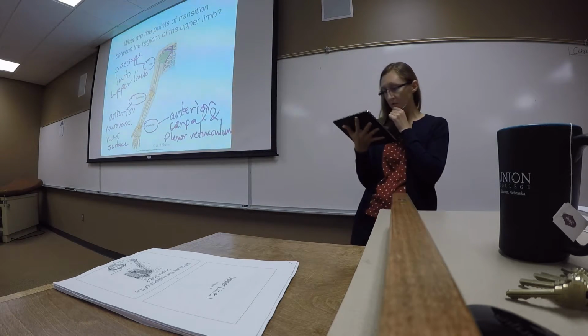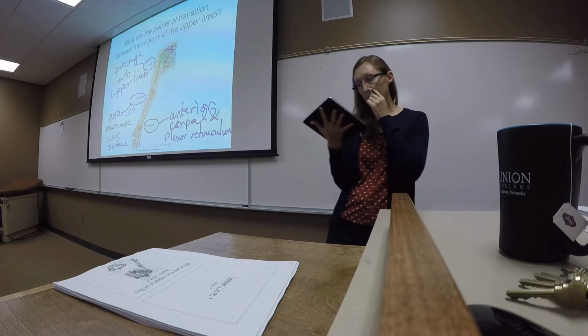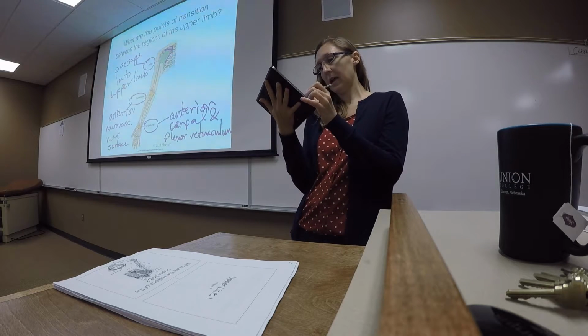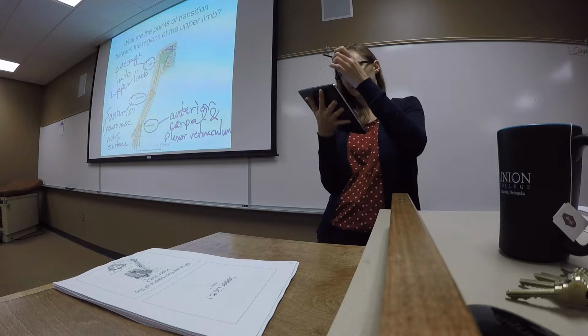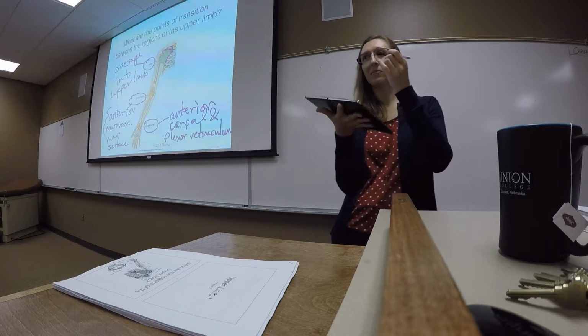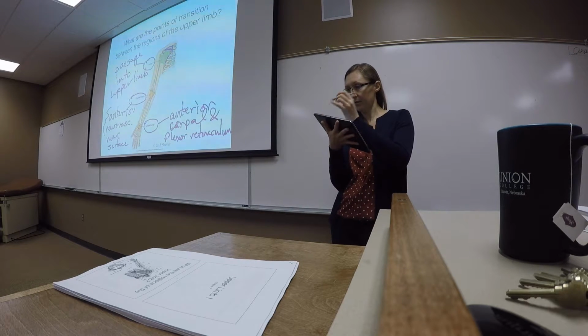Okay, so these are the three transition areas between the different regions of the arm. The only one that really gives us good access to the neurovasculature is the cubital fossa. And as we all know, that's a location common for blood draws, etc.